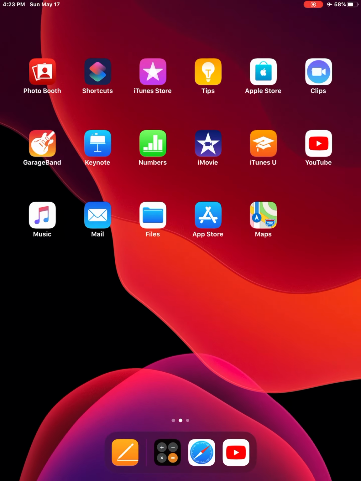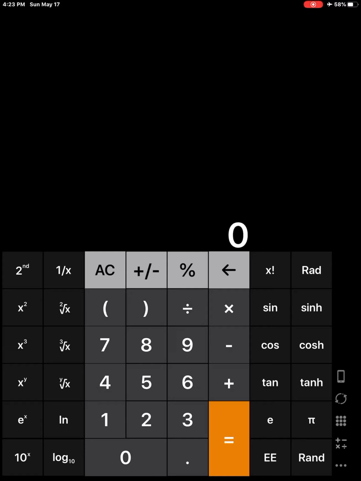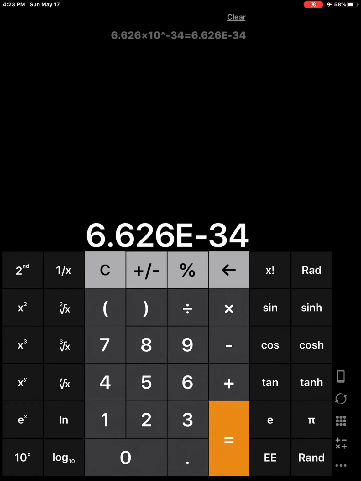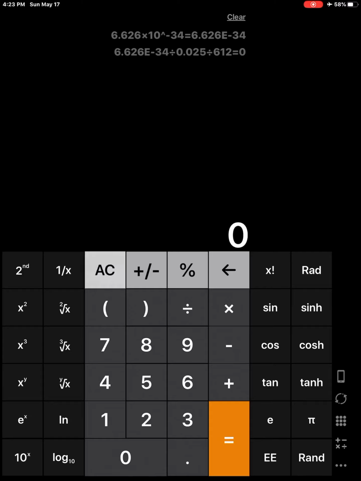Okay, so let's do 6.626 times 10 to the minus 34 divided by 0.025 divided by 612. Whoa, for some reason that didn't work.